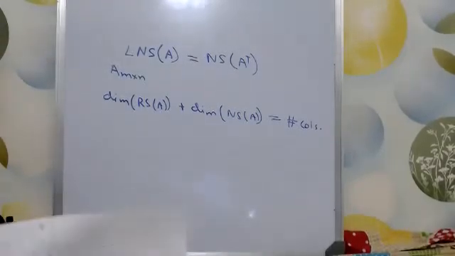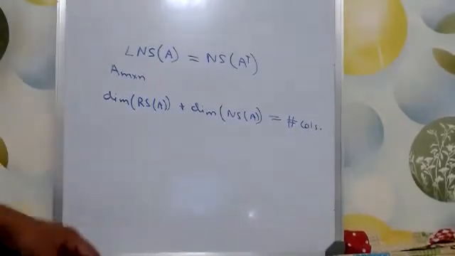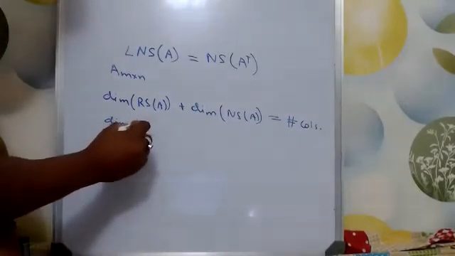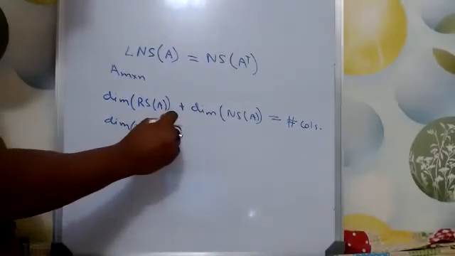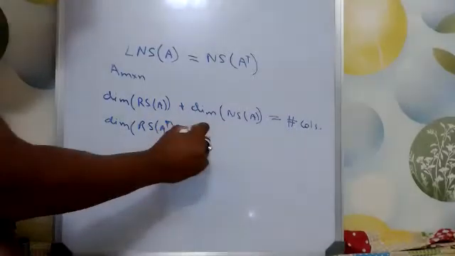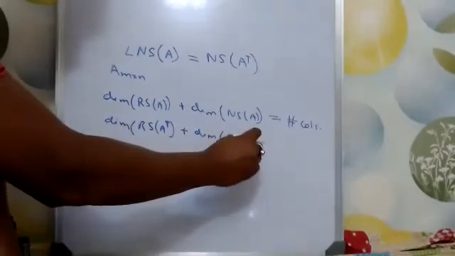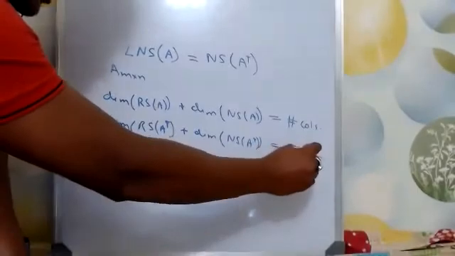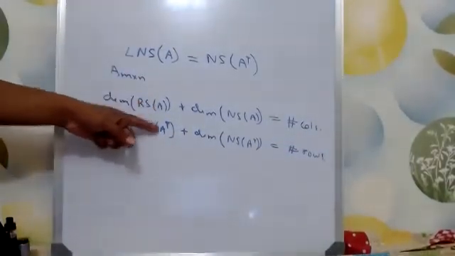The proof is simple, but if you want to try it you can try later, or you can just remember this. Similarly, the dimension of the row space of A transpose plus the dimension of the null space of A transpose is equal to the number of rows. It's the same thing. Instead of A, we are taking A transpose.